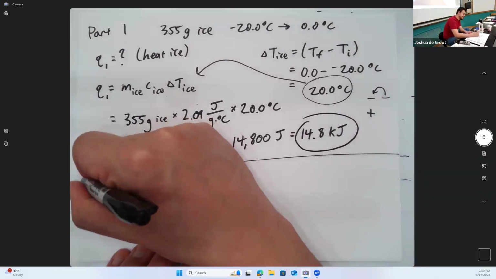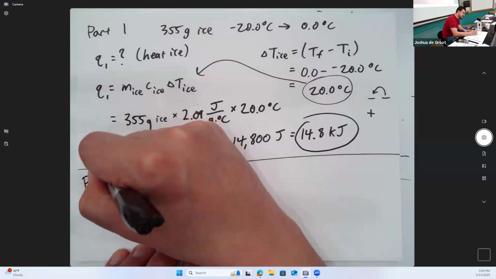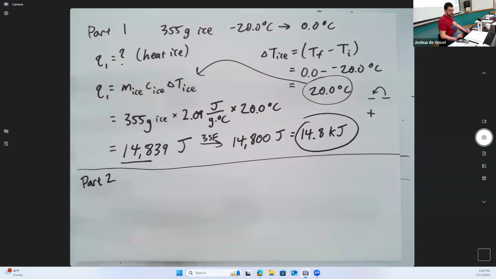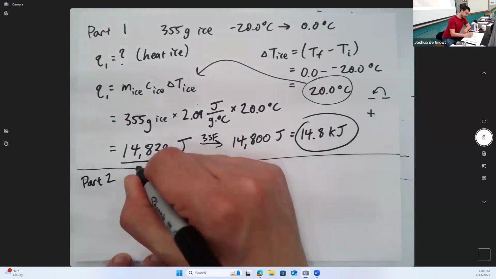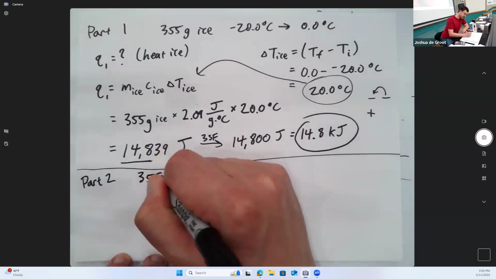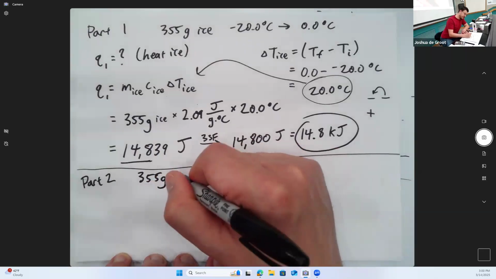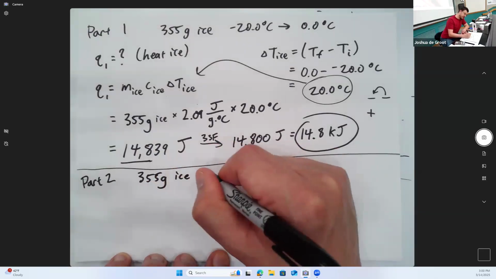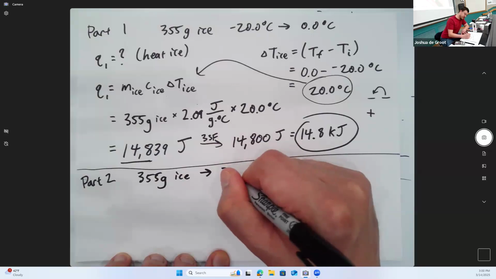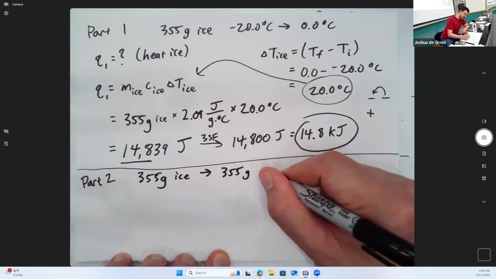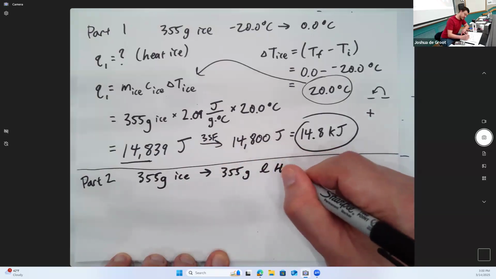All right, let's go to part two. I think I can fit this onto the same page. We need to take 355 grams of the ice, and we have to turn it into 355 grams of liquid water.